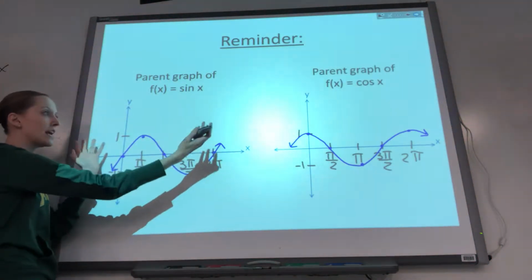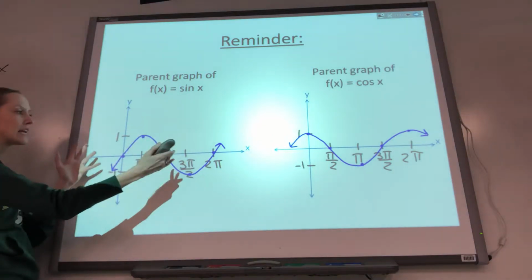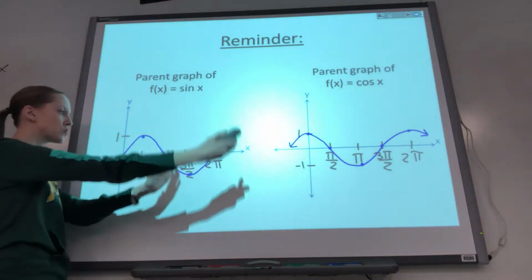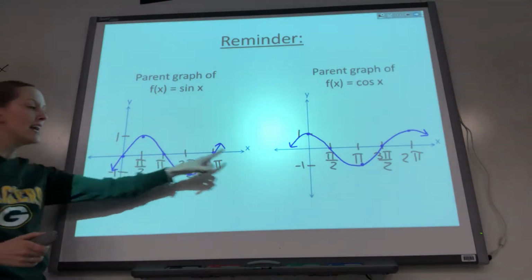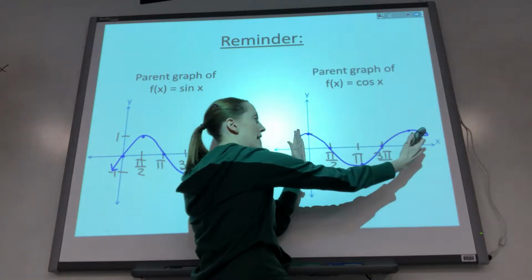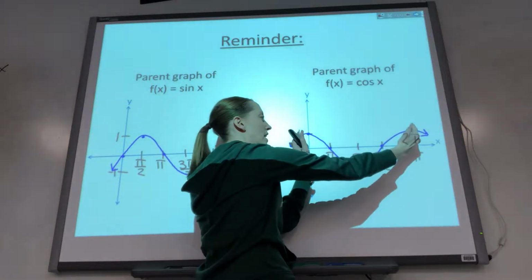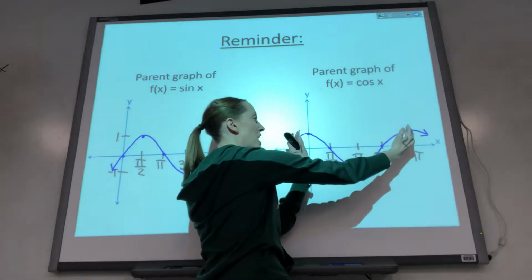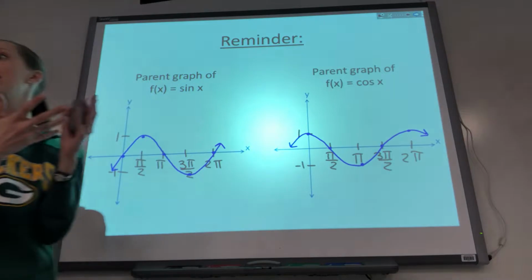So the period was the length that it goes until it starts repeating. On the parent graph for sine and actually cosine, the period is 2 pi. It does everything right in between there. And then if you took that chunk and moved it that way or that way, it would be exactly the same.